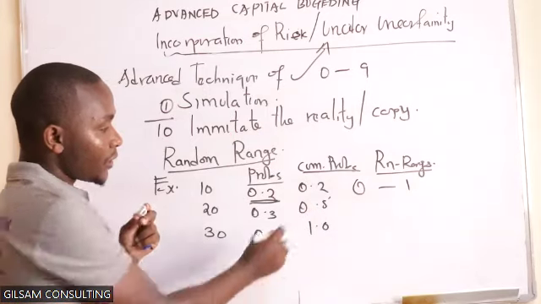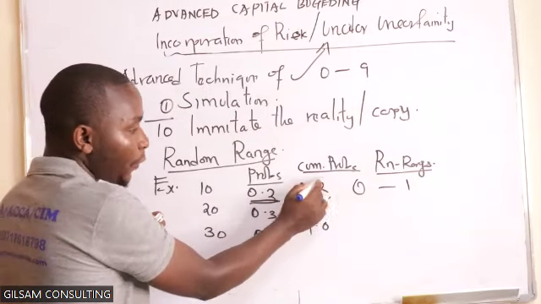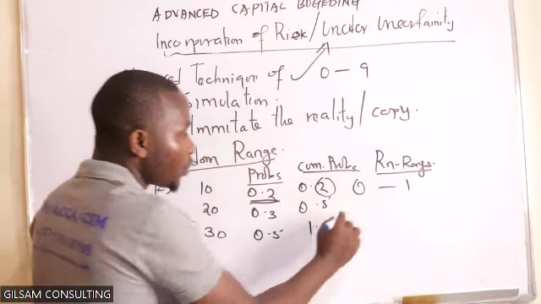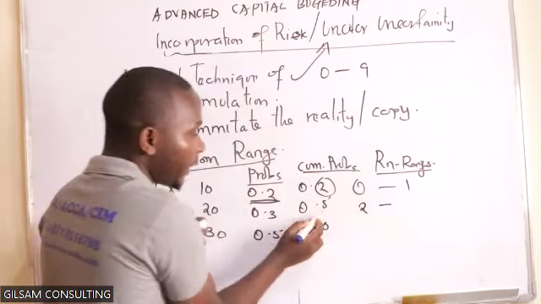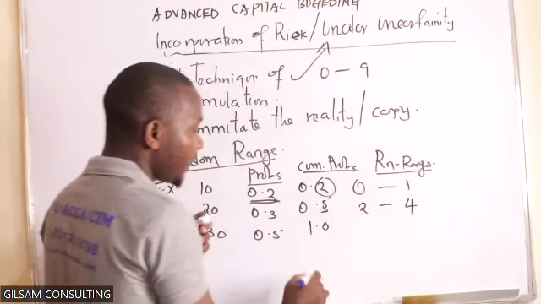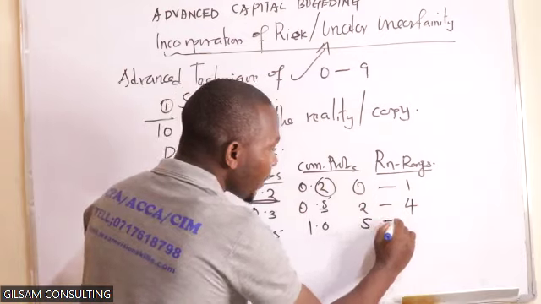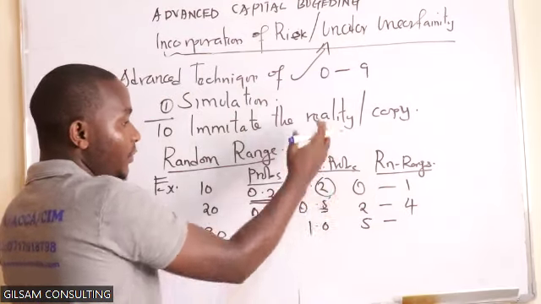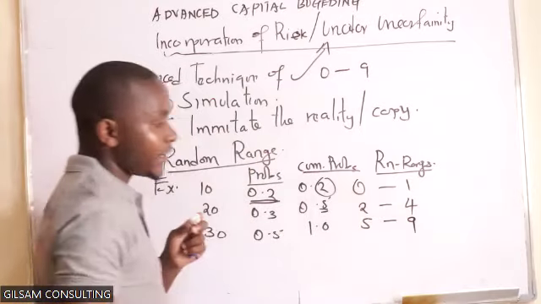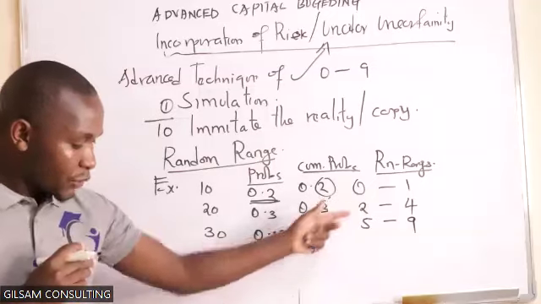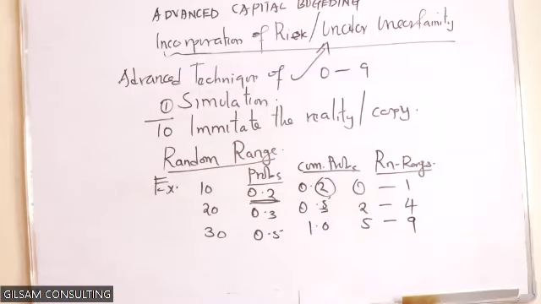Then we start from 2 to 5 less 1, which is 4. And from 5 we end up at 10, so 10 minus 1, which is 9. So that is the random range, and this is how to generate it.